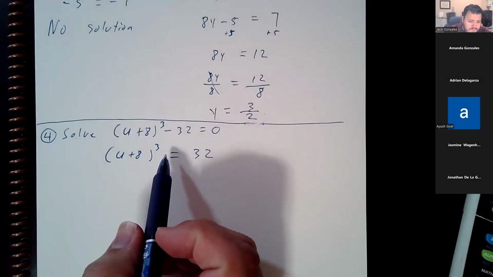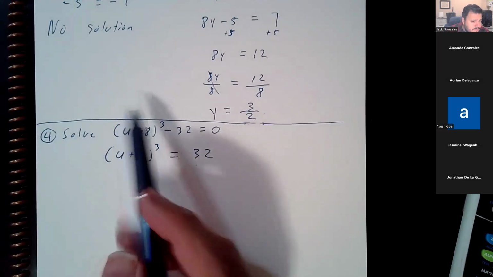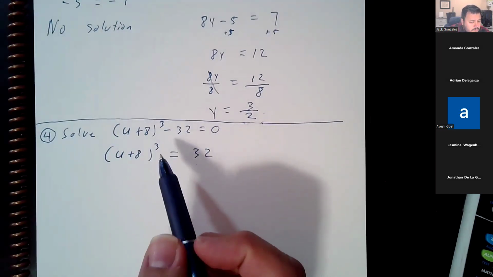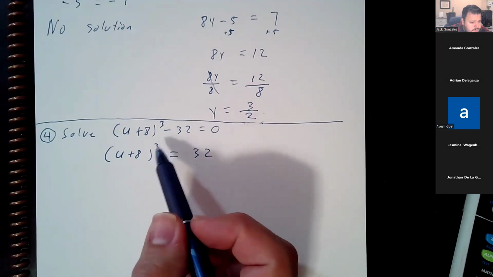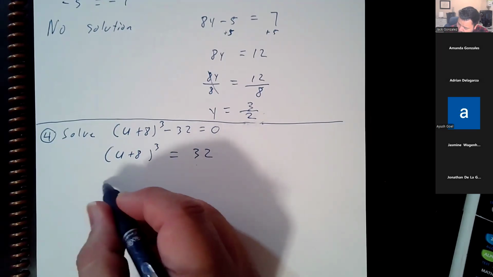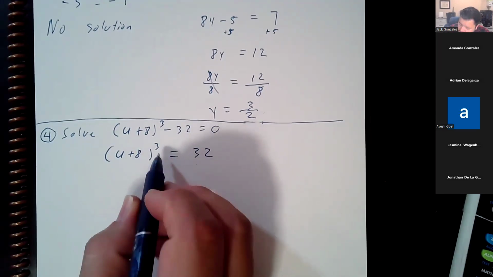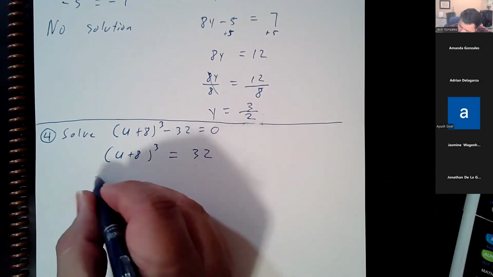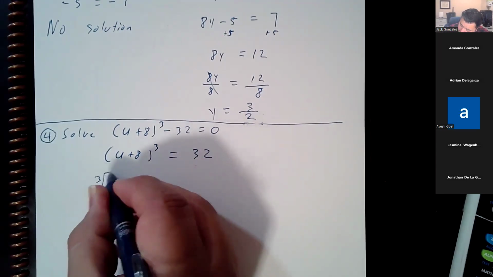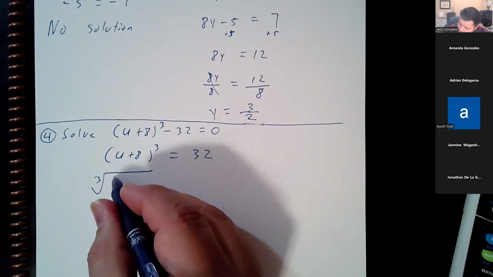Now, in this type of equation, because we're moving on from absolute value, we want to cancel higher powers. This is the next technique. If I have a cube root, you want to cube both sides to cancel the cube root.